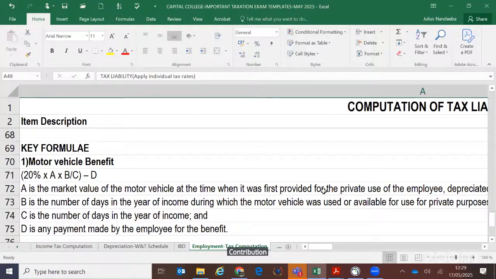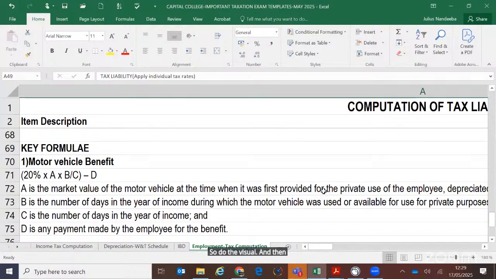So the formula is 20%. I open brackets, 20% times A times B over C, close the brackets, minus D. My advice is, every time you have B over C, first get that B over C. So do the division.